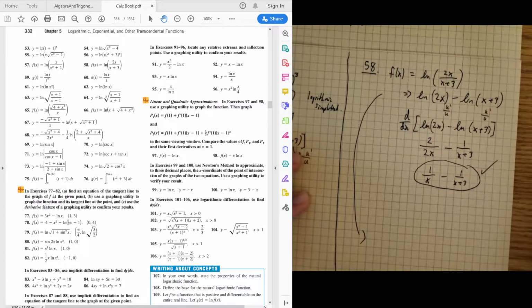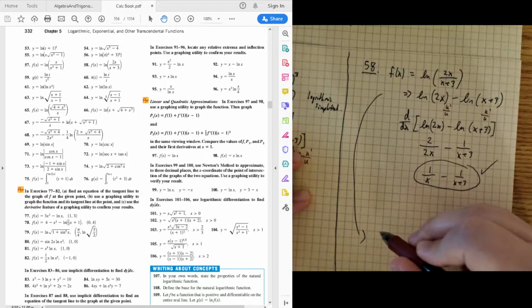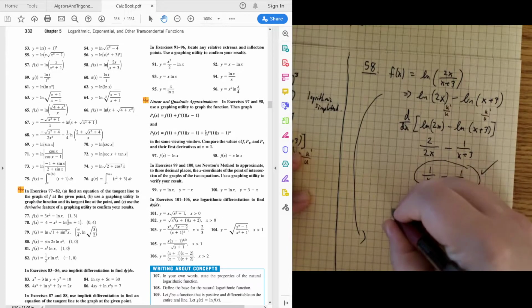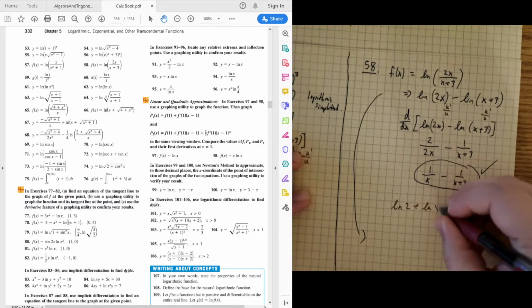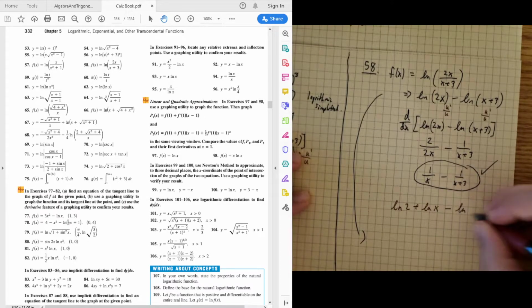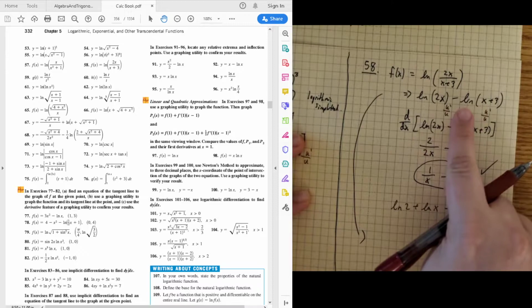This is right. Now, I want to showcase that we will get the same answer if we use the properties another time. So there's one other way I could rewrite that original function: ln of 2 plus ln of x minus ln of x plus 3. This statement is equivalent to that top one.